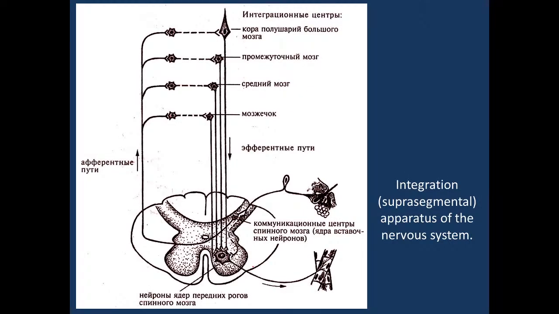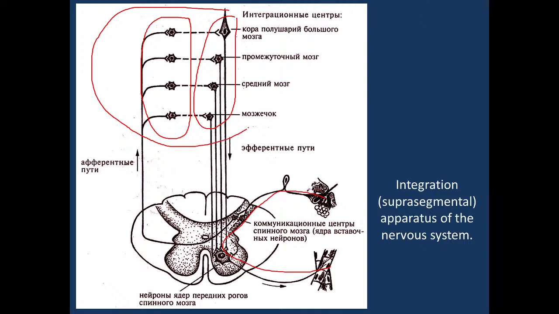But except for segmental reflexes, mostly we have different reflexes involving other centers, other neurons in the human brain.